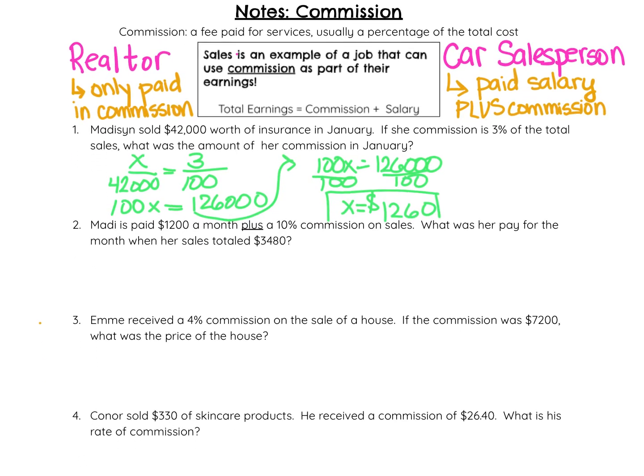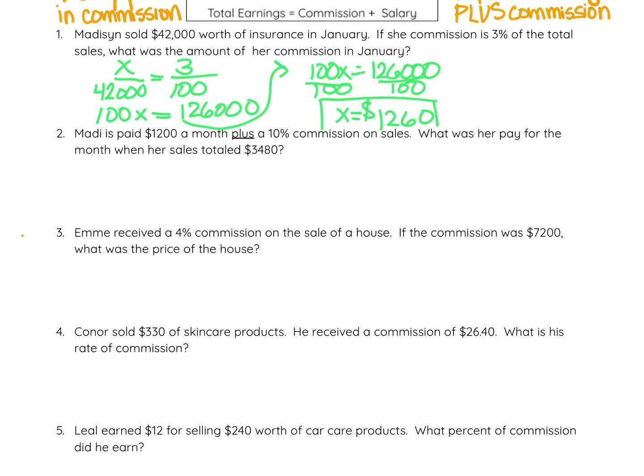For the next example, Maddie is paid $1,200 a month plus a 10% commission on sales. What was her pay for the month when her sales totaled $3,480? So this is an example of where the person gets paid a salary plus commission. So first thing we're going to do is figure out what she got paid in commission.